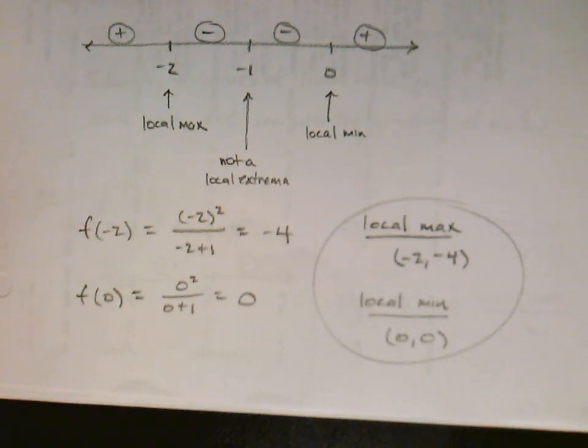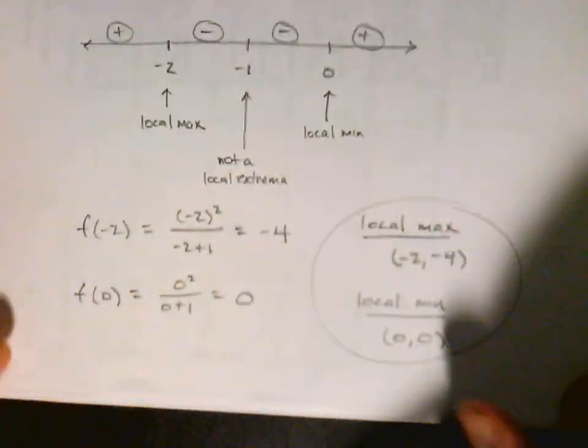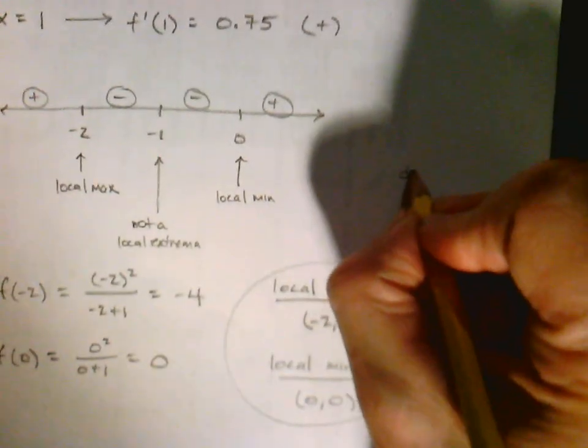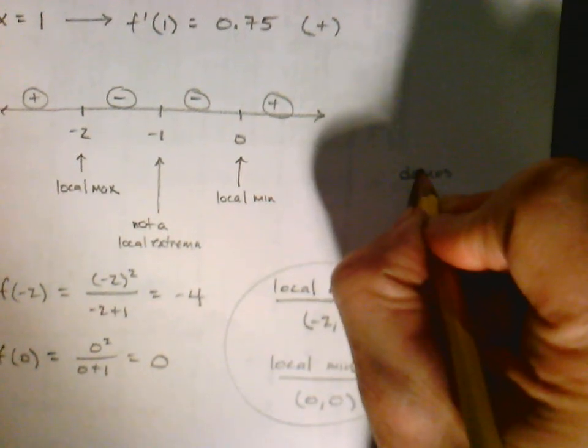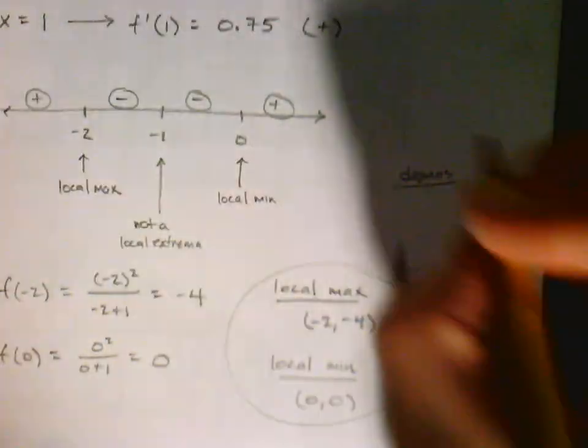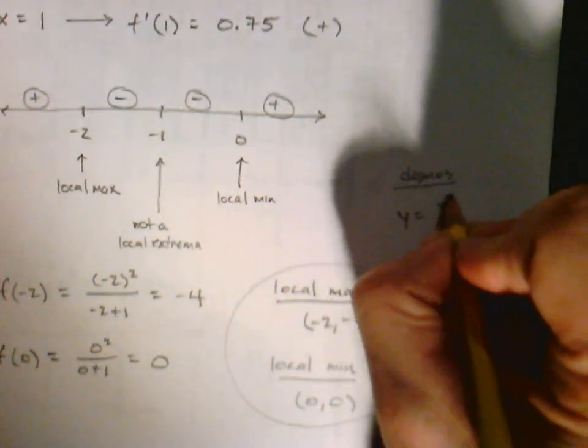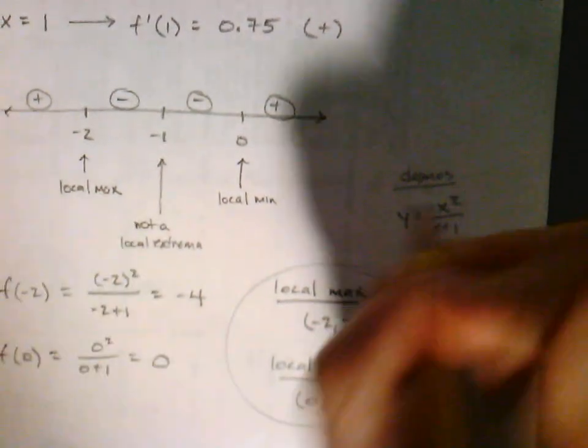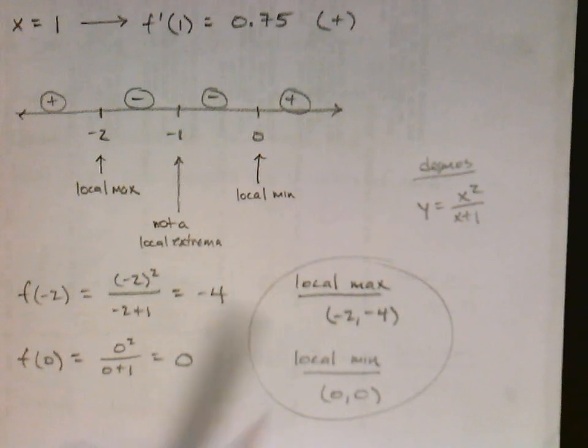I highly encourage you guys, go on to Desmos, D-E-S-M-O-S, and graph that original function. See what it looks like and compare your answers. It's kind of a cool looking graph.